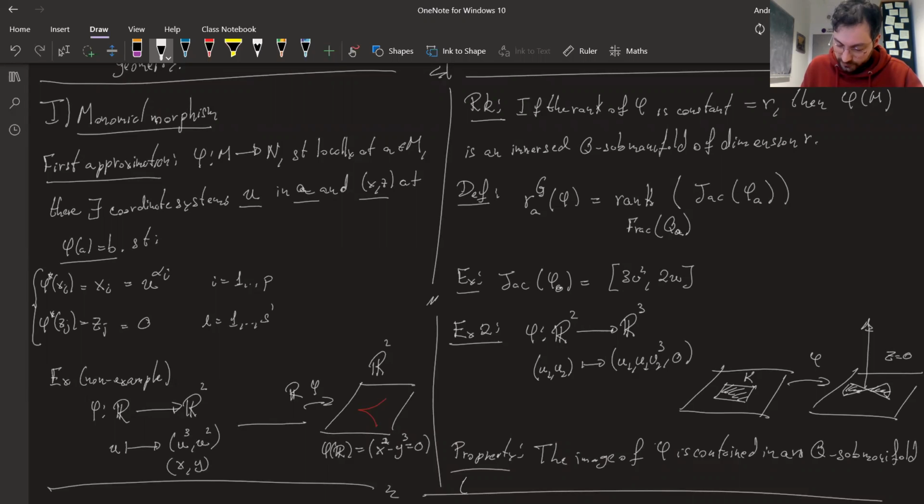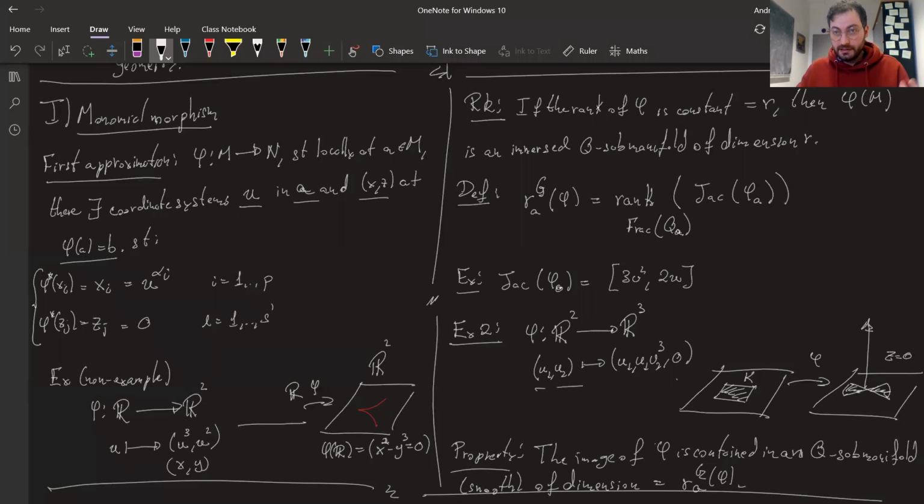So smooth, in particular, let me stress this, of dimension equal to this generic rank at a point I. So at least locally, this is going to be true. The generic rank of this, we can compute, is going to be equal to 2.